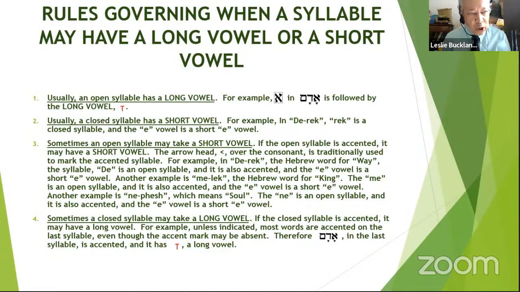Okay, so usually. Now, I didn't say all the time, but I said usually. So this is the regular rule governing where a long vowel may be put. Usually an open syllable, which consists of a consonant followed by a vowel, has a long vowel.